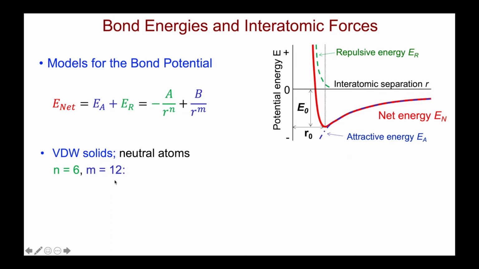This larger exponent for the repulsive force is consistent with their short-range nature, and so while they are very large at very, very short distances, they drop off rapidly with r.